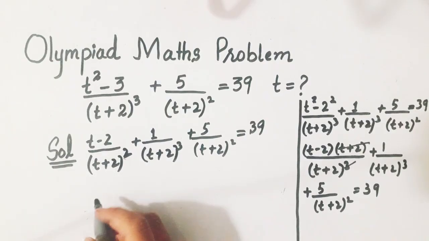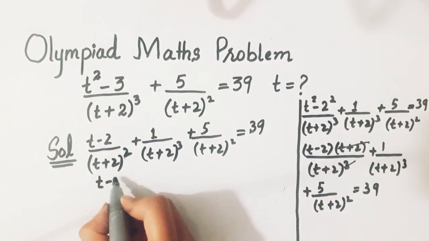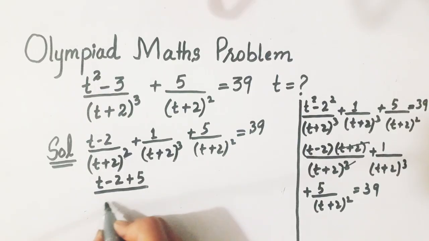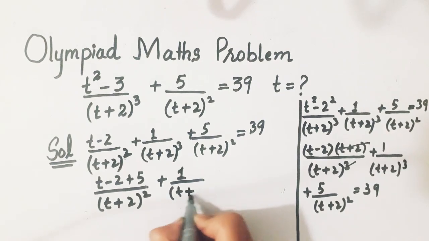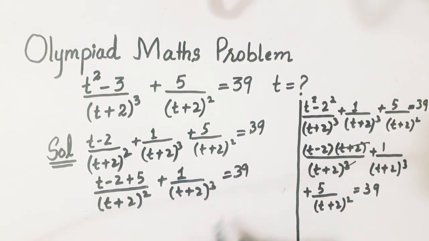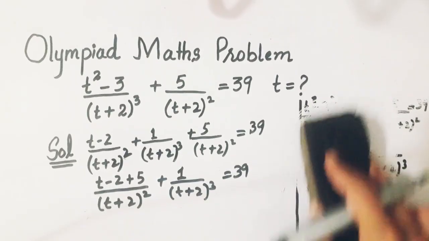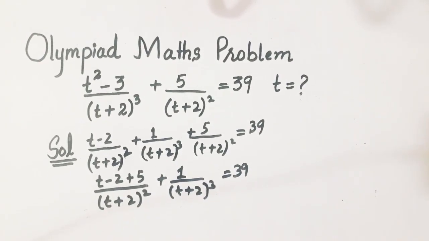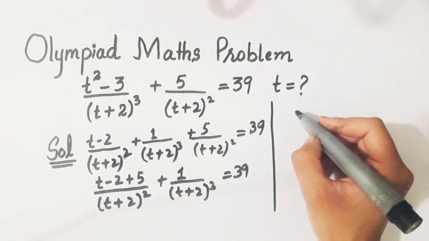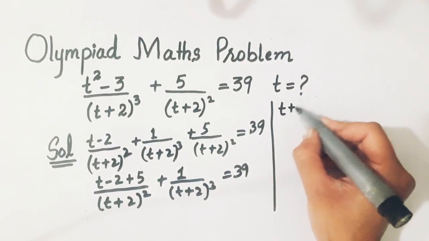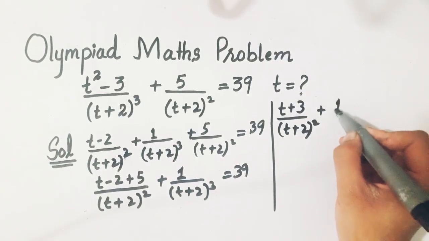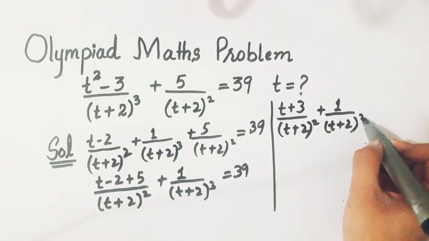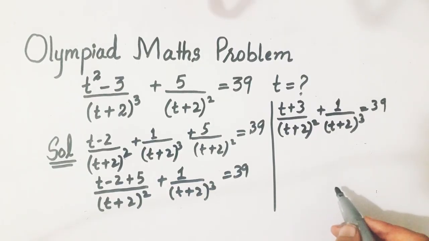We will combine these two and get (t − 2 + 5)/(t + 2)² + 1/(t + 2)³ = 39. Now it will become t + 3 divided by (t + 2)², plus 1/(t + 2)³ equals 39.